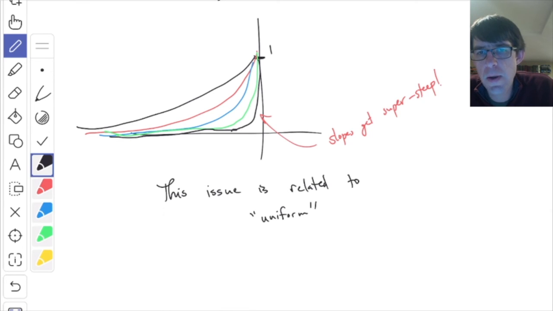Remember we talked about how there was a fancier type of continuity, uniform continuity, and there are better theorems when you use uniform continuity instead of ordinary continuity. A function is uniformly continuous on a particular domain means the slopes are kind of under control.